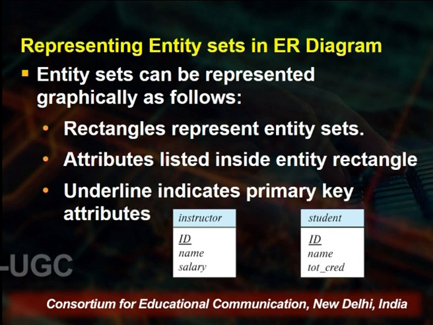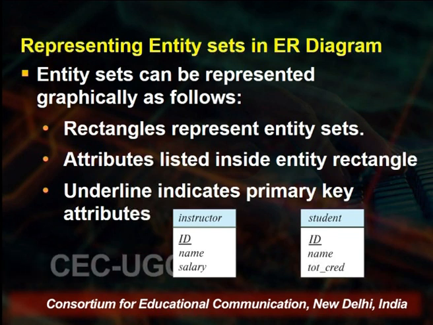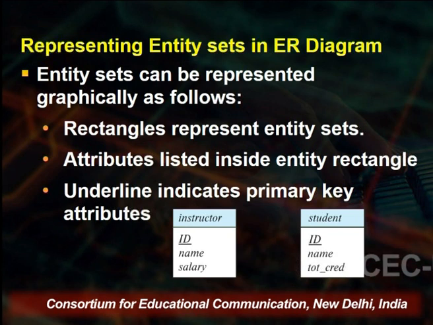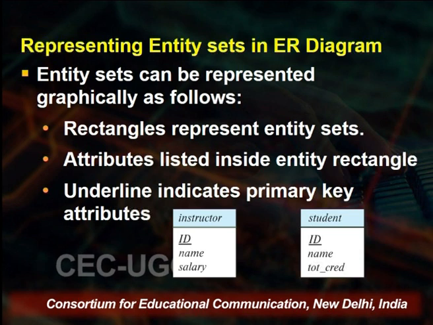In the case of a student entity set, there are three attributes, which are ID, name, and total credits. And whichever is the primary key has to be underlined. So in case of an instructor, ID is the primary key of this entity set, which is why it has been underlined here.